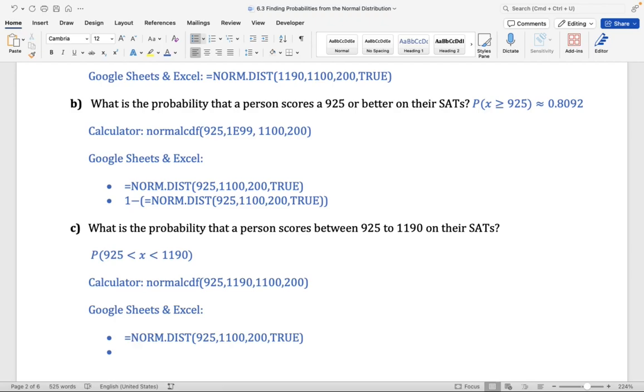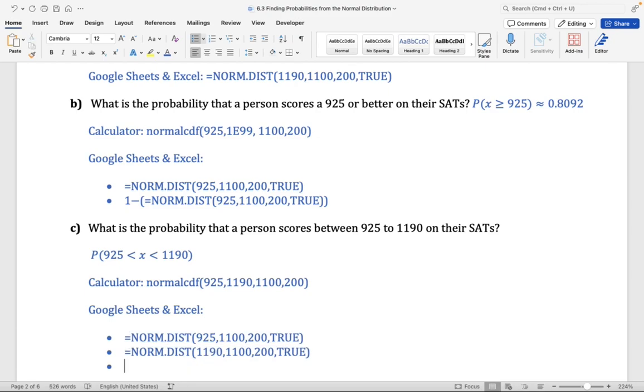Then we're going to find the area to the left of 1,190. We're using the same function. We just need to change the X value. Here, the X value is 1,190. Once you have these two values, you're going to take the area to the left of 1,190 minus the area to the left of 925.